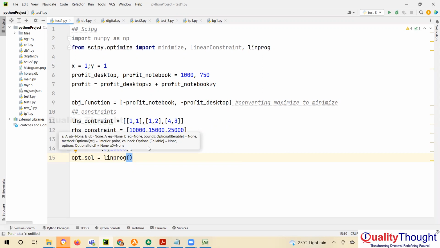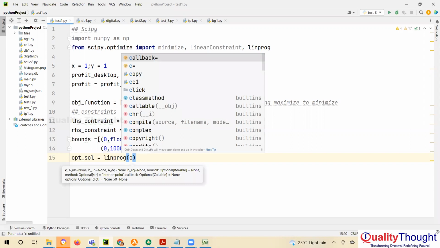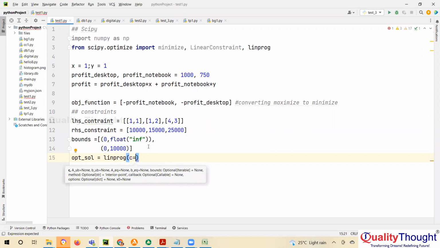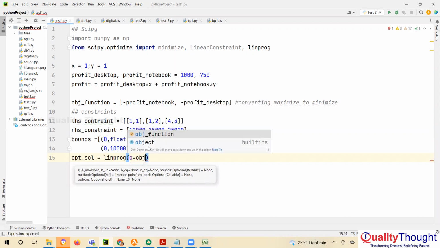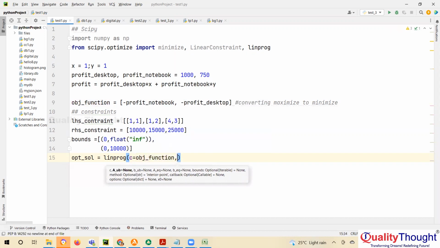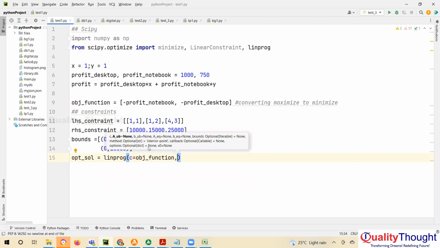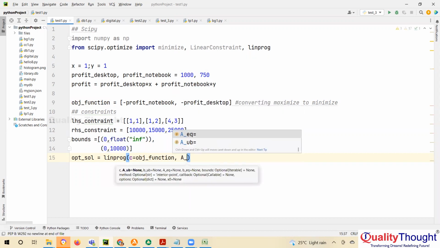We are using the simplex method. So first thing first, the objective. C is your objective, so here I'm going to pass obj function. Great. Now the left hand side constraint is called A ub.